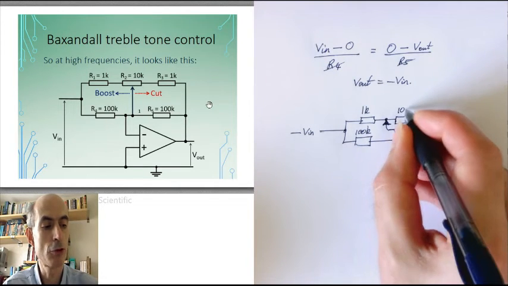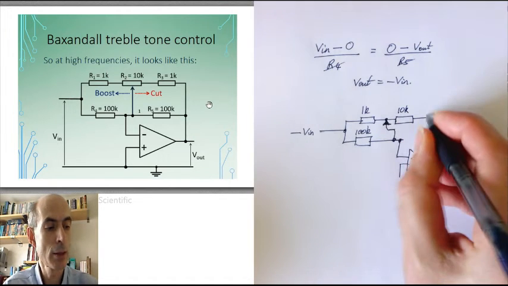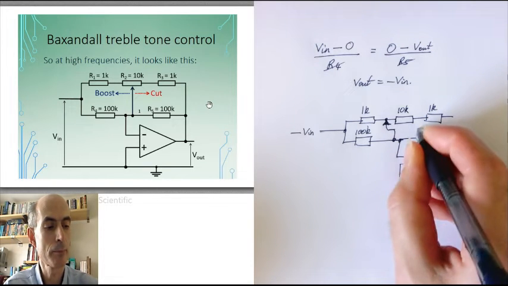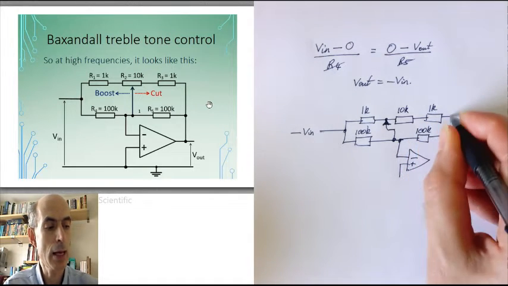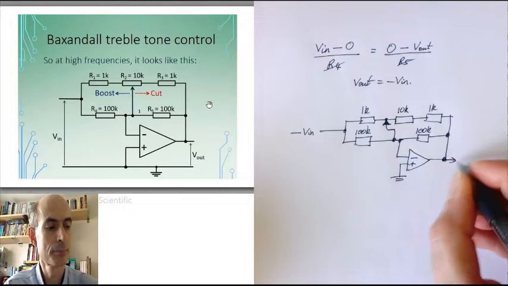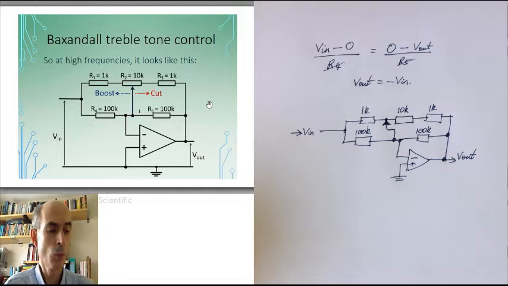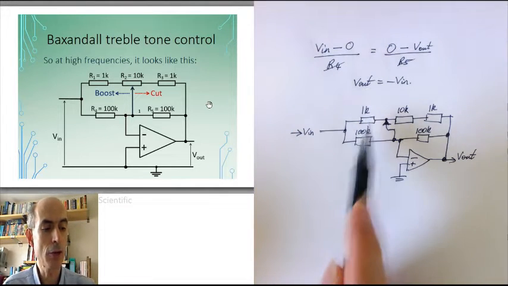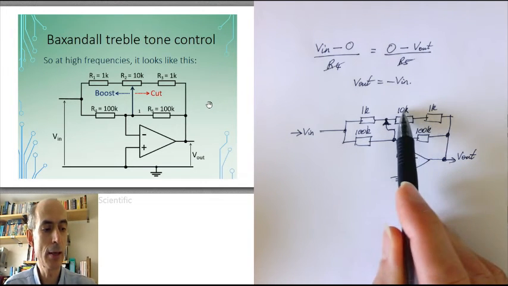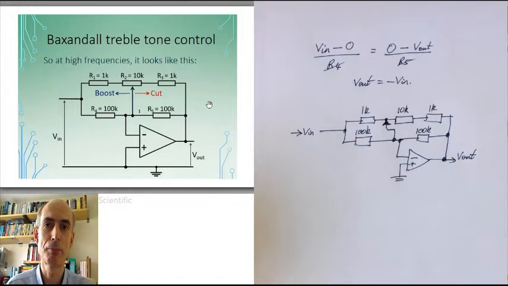All of the 10k resistance of the potentiometer would be on the other side of the wiper. It would add up directly with that 1k there, and we'd end up with a circuit like this. Well, this is a 1k and a 100k in parallel, and this is effectively 11k in parallel with a 100k resistor.